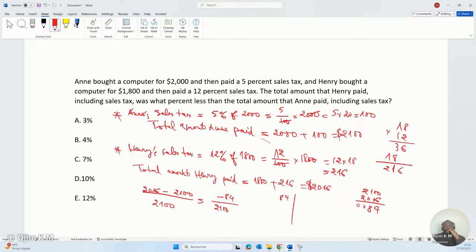So if we divide 84 by 2, we have 42, then 21.